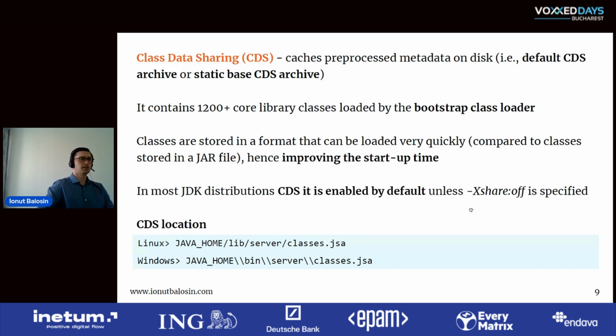And these are enabled by default in most of the JDK distributions, unless you specify -Xshare:off. In terms of improvement, just to give you an idea, maybe a few hundred milliseconds. I wouldn't say it's a very big improvement, but still it's an improvement, right? Because a few hundred milliseconds might mean a lot.